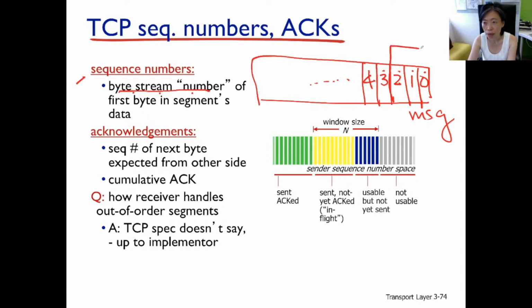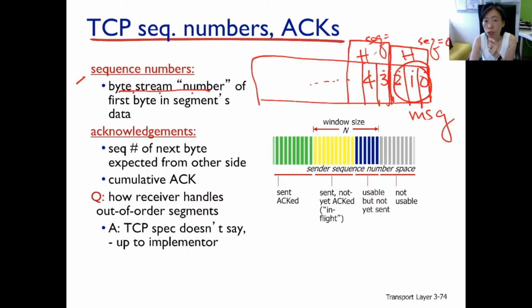Let's assume that the first segment contains only 3 bytes of data. So in the header, the sequence number is going to be what? The byte stream number of the first byte of data, which is 0. For the second packet, in the header sequence number field, what should be the value?